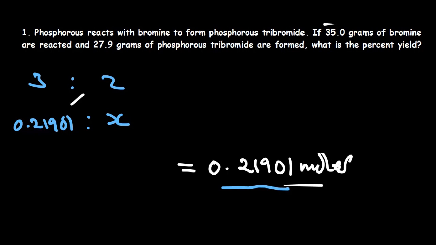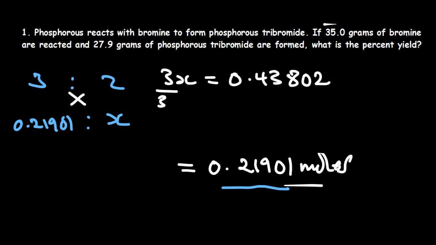So 3x equals 2 multiplied by that number, and I get 0.43802. Then I'm going to divide both sides by 3 to get the moles of this.